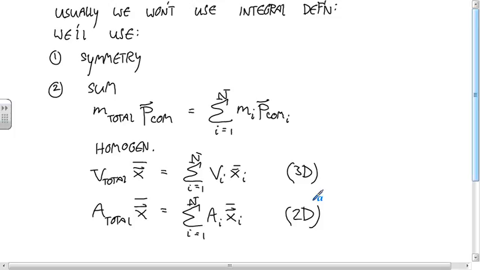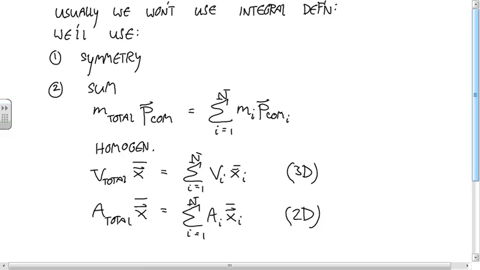So as far as symmetry, anybody have any questions about this yet? The sum of M total times the points is the sum of.